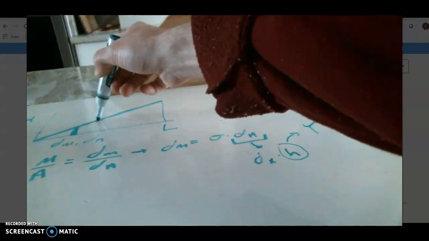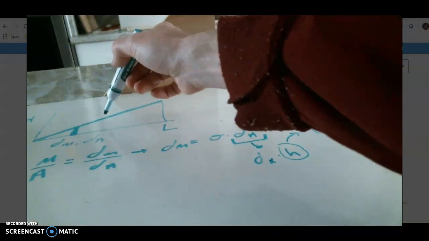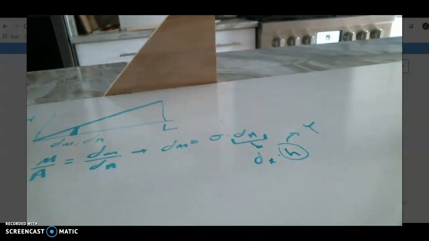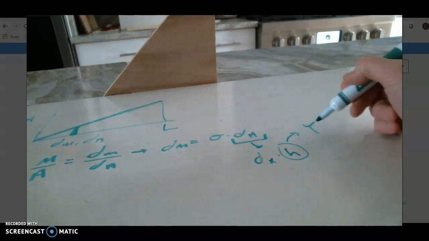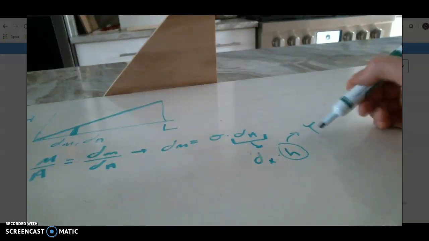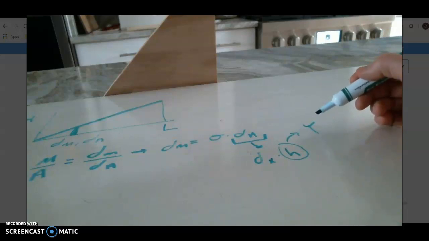But that height changes, doesn't it? That Y, that height, is changing as a function of X, isn't it? So we need something to tell us what Y is in terms of X, don't we? I need a Y expression for the Y in terms of X.